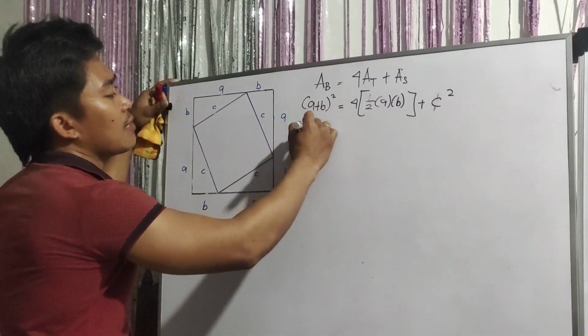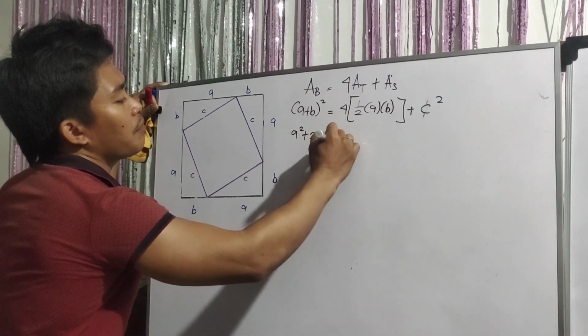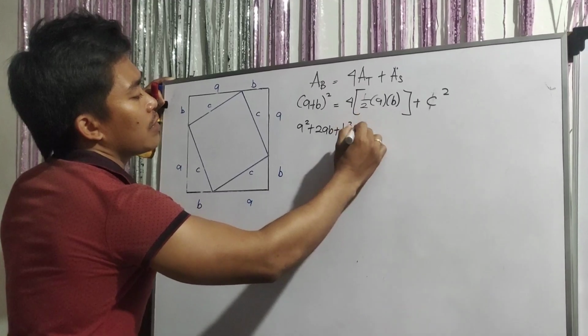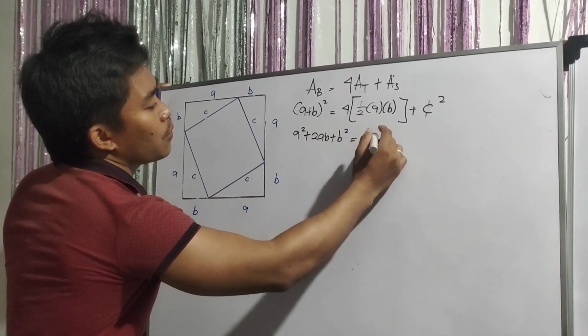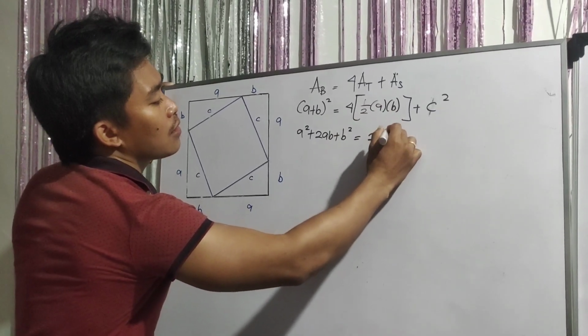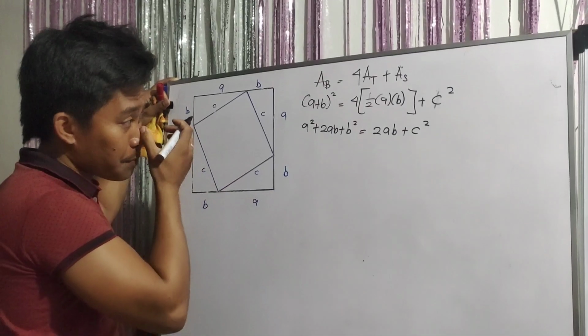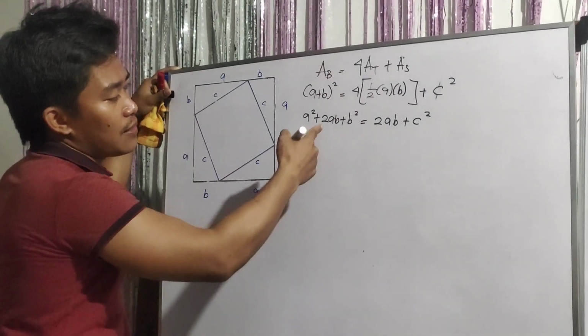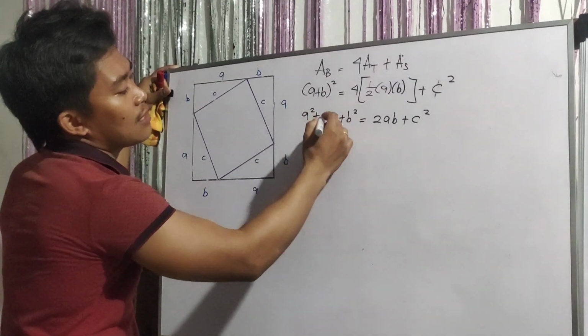So simplifying, that is just A squared plus 2AB plus B squared equal to 4 times 1/2, which is just 2, times AB plus C squared. Now, if you notice, there is a presence of 2AB in both the left and the right hand side of the equation.